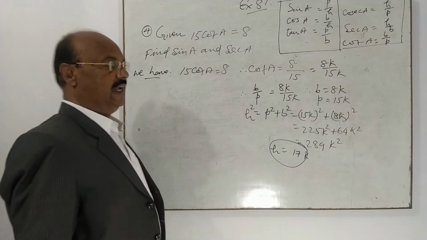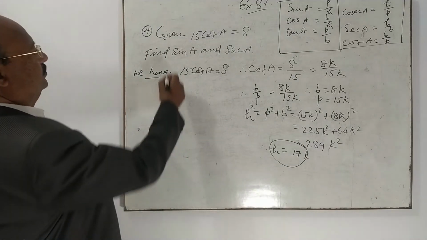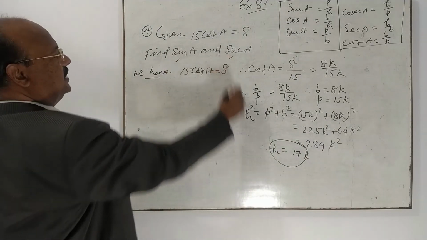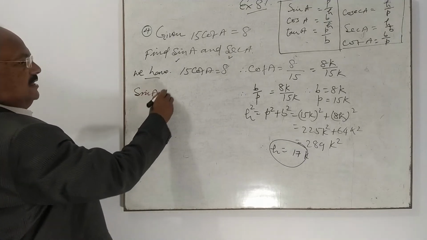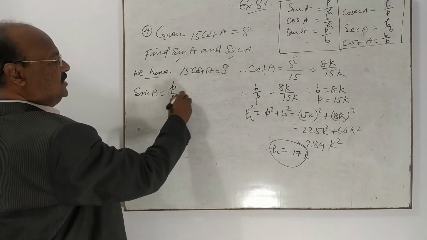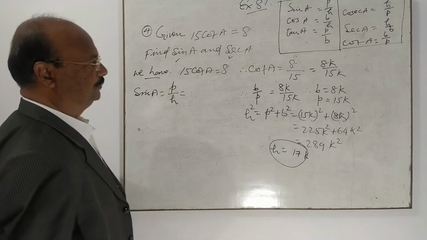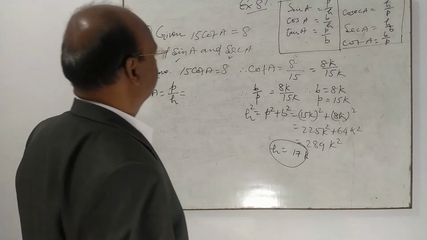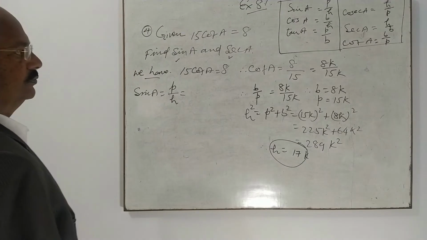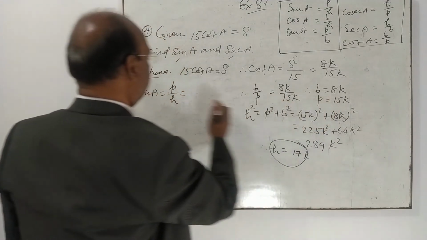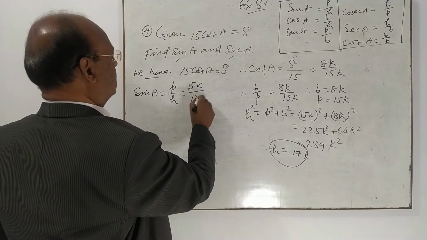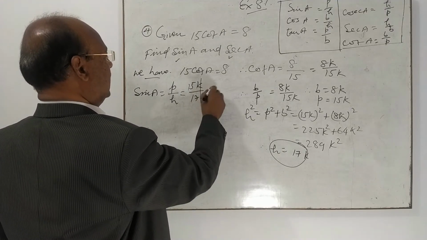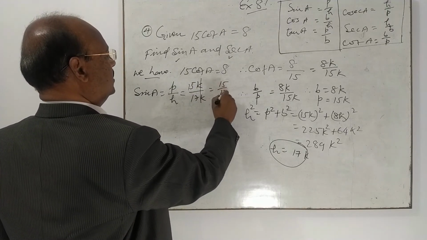Now we can find sin A and sec A very easily, because you know sin A is P by H, and P is how much? P is 15k and H is 17k. k will be cancelled out, so 15 by 17.